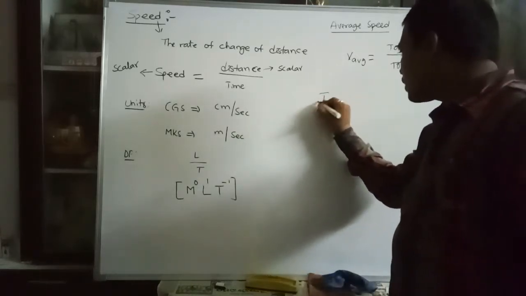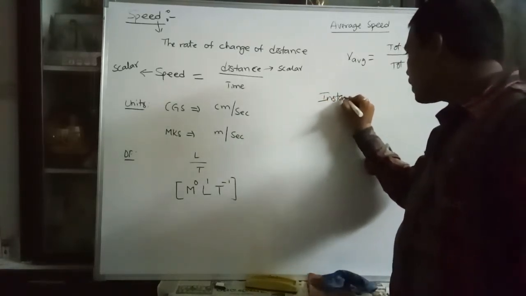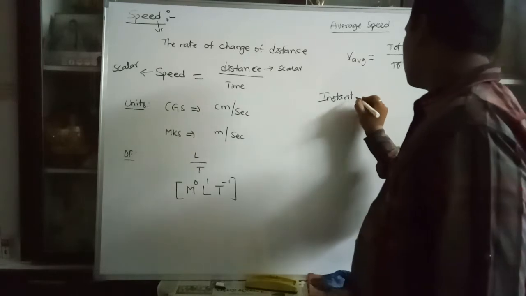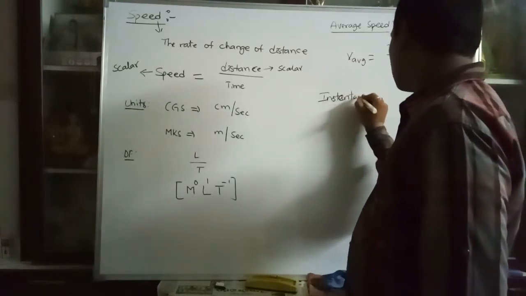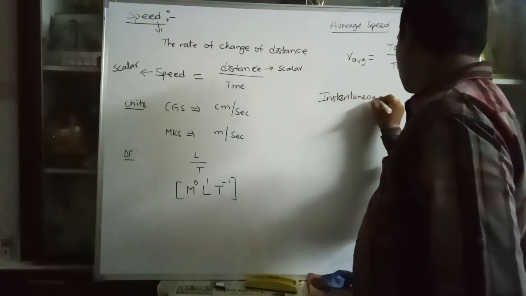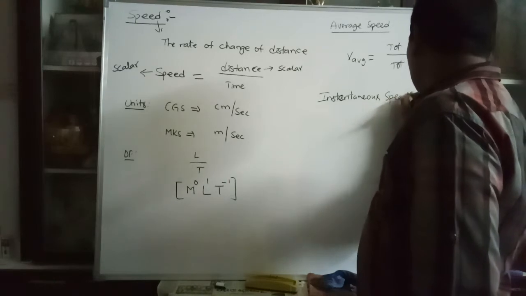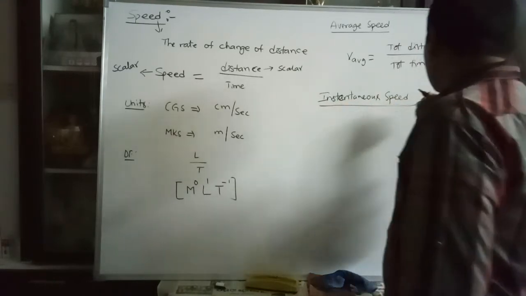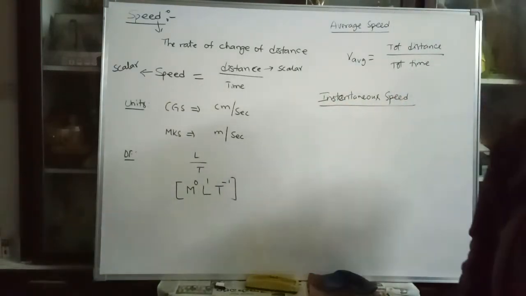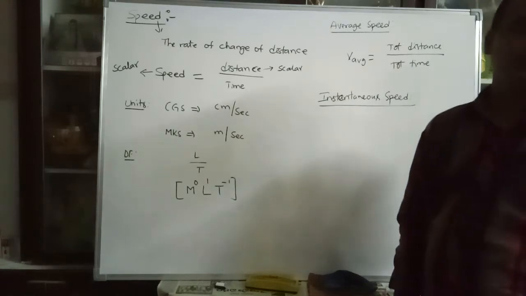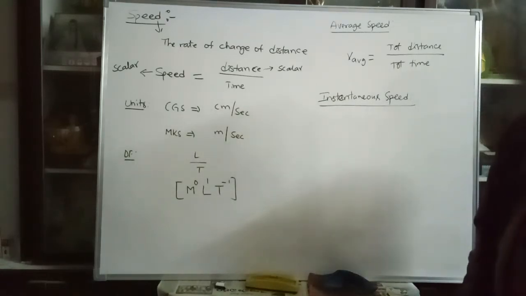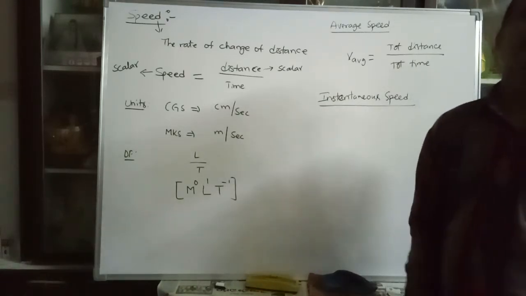One more definition is required, that is called instantaneous speed. Everyone knows instant coffee at a railway station or bus stand, like Nescafe. Instant coffee is nothing but what they prepare at that time when required.